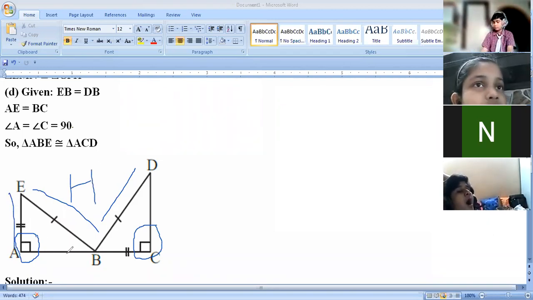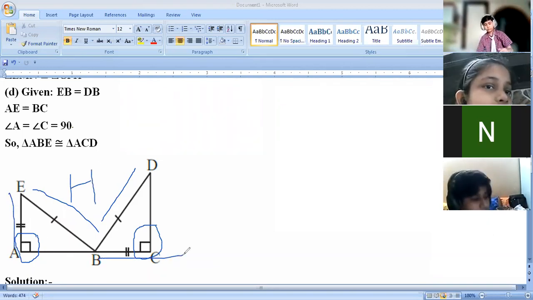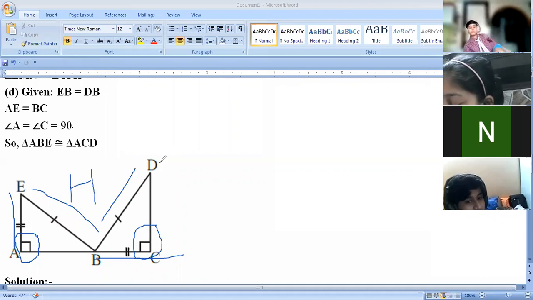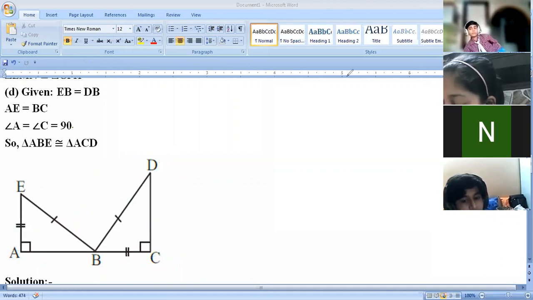And this side is equal to this side. It's given in the question. If two sides are equal, two hypotenuses are equal and two 90 degrees are there, then it will be the RHS property congruence criteria you will be working. Got it? Is it understood with you? You can write in the chat box. Okay, fine.